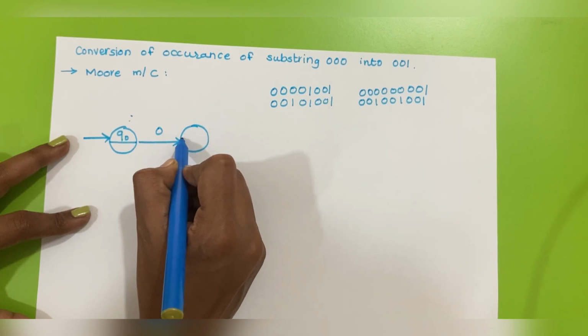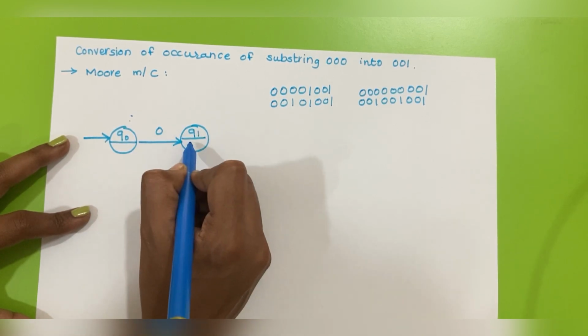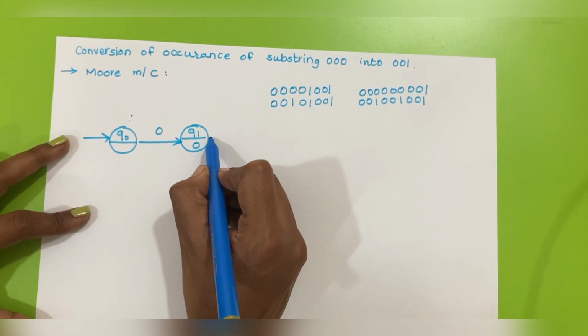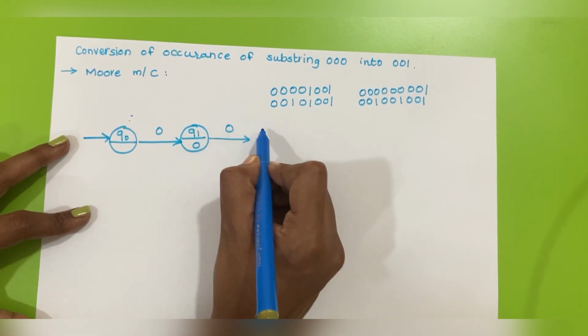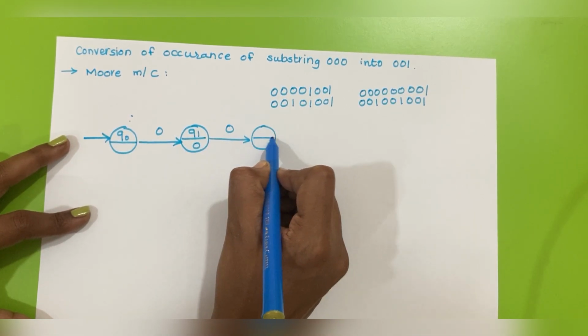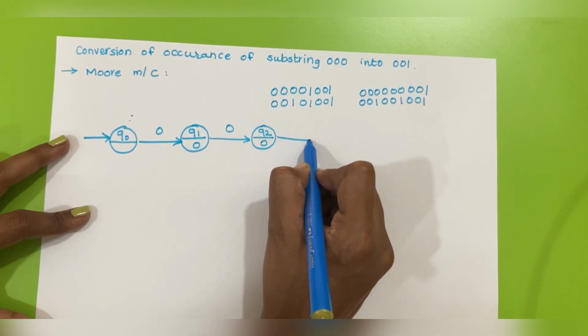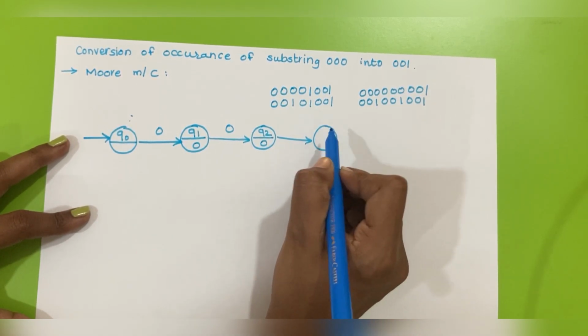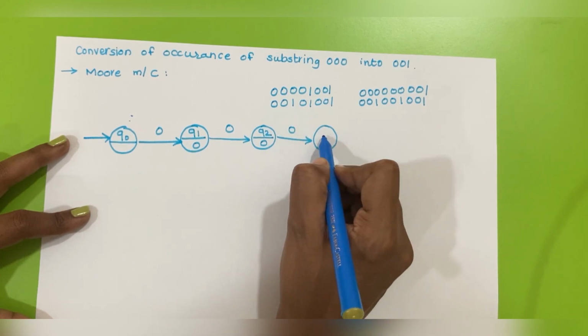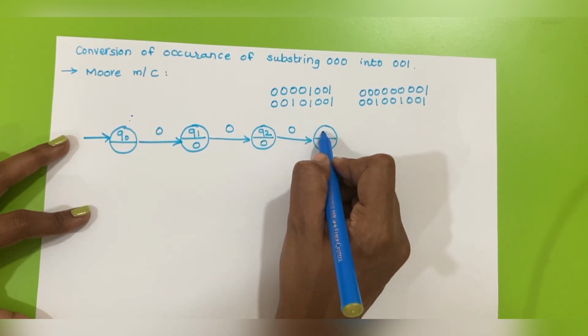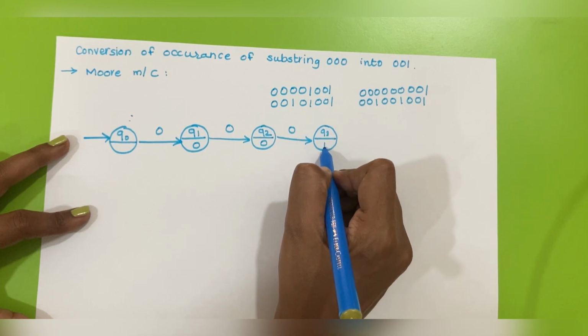This is my first 0, so this will be converted into 0 only. Now again we require one more 0, so Q2, then this will remain as it is, so 0 will be replaced by 0. Now this is our third 0, so this will be converted into 1.